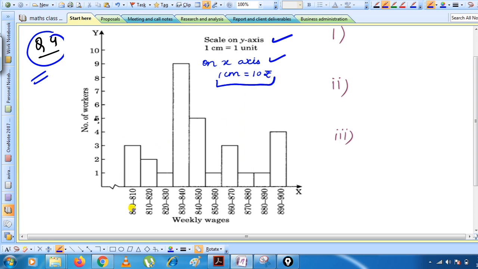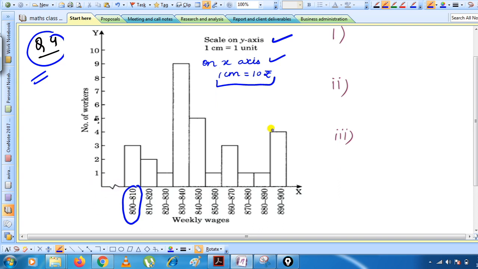Now on the x-axis, 1 centimeter represents 10 rupees. How 10 rupees? Because you can see the class interval 810 to 800. If you do this subtraction, what will come? 10 rupees. So we can say that 1 centimeter here is representing 10 rupees.